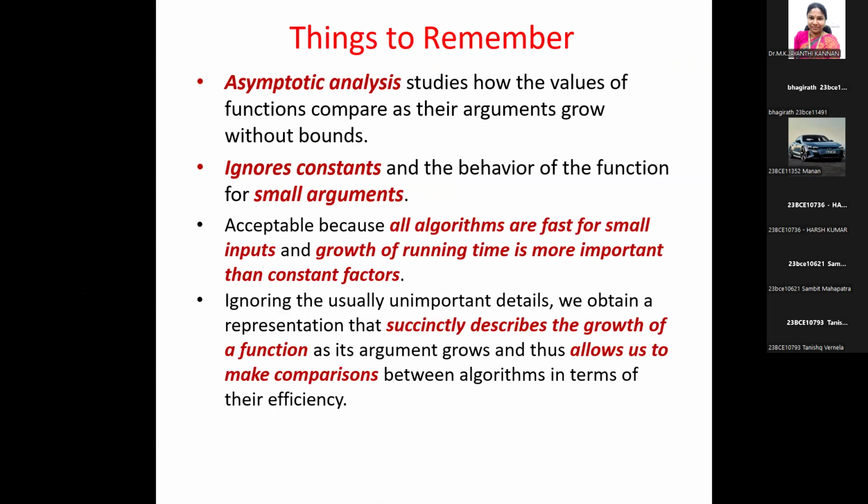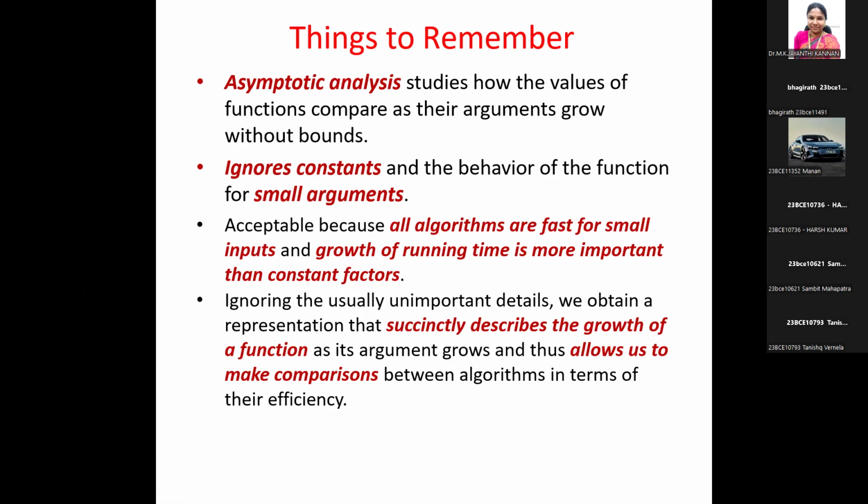Asymptotic analysis studies how the values of functions compare as their arguments grow without bounds. Efficiency increases or decreases depending on various constraints and bounds. It ignores constants and the behavior of the function for small arguments.